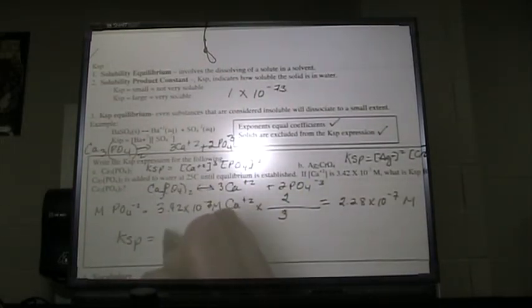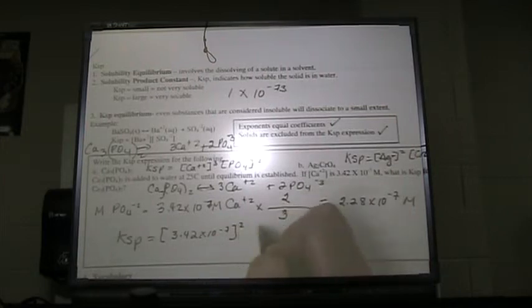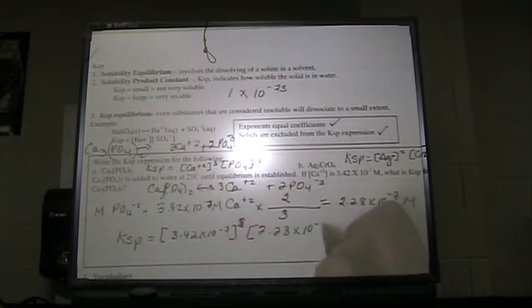I can put that into my KSP expression. KSP is equal to my calcium, 3.42 times 10 to the negative 7 raised to the third power, times 2.28 times 10 to the negative 7 raised to the second power.